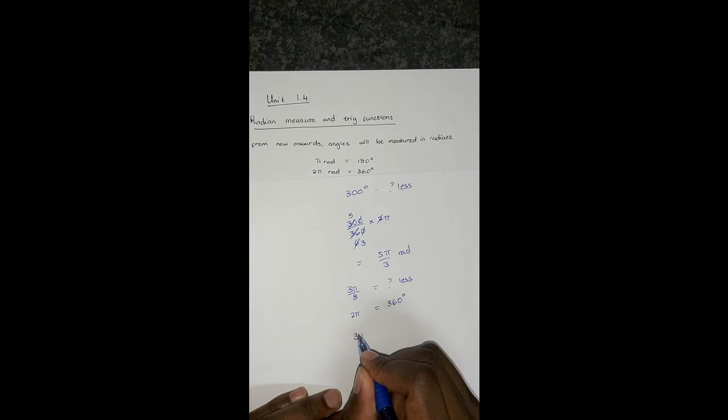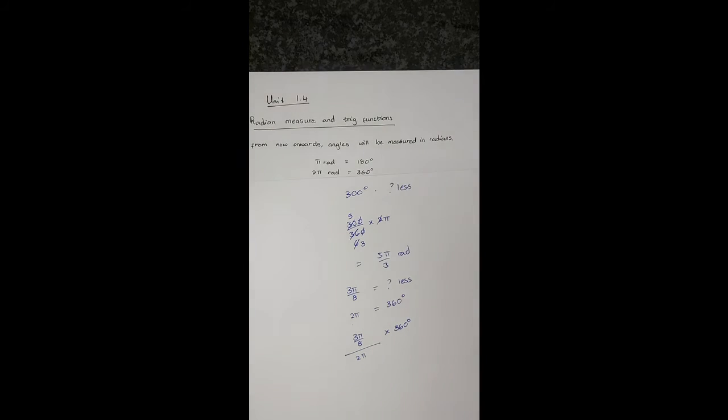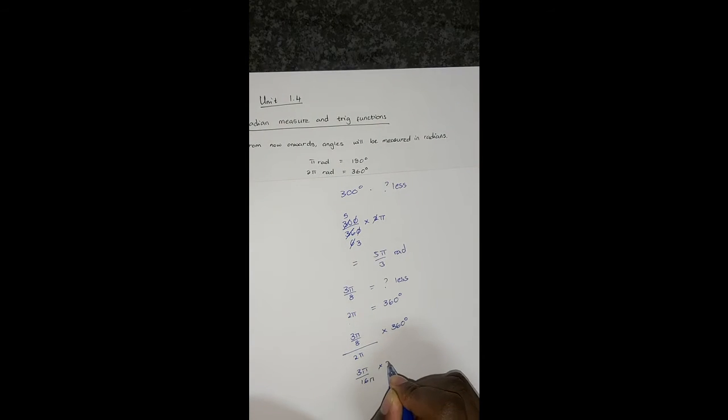So it's 3 pi over 8 over 2 pi times 360 degrees, and then that will give us 3 pi over 16 pi times 360 degrees, and pi cancel.